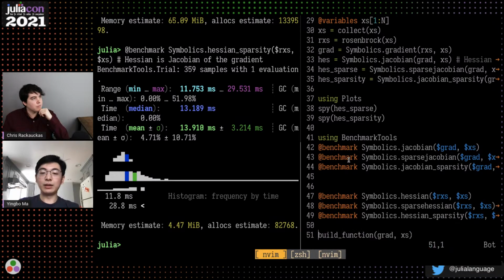So the first returned function is the out of place function. So it just returns the gradient directly. And then the second returned function is the in place function, where it actually updates the first argument to the function. So I will demonstrate that now.